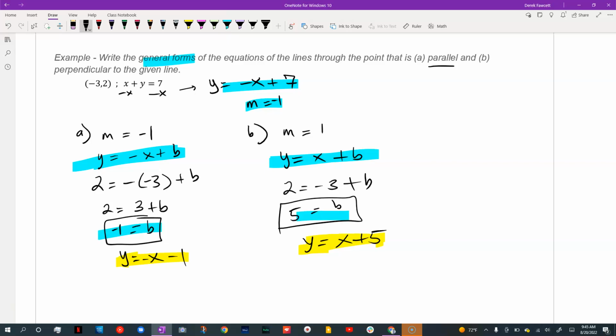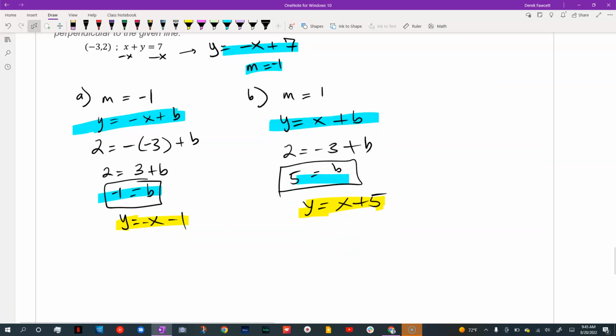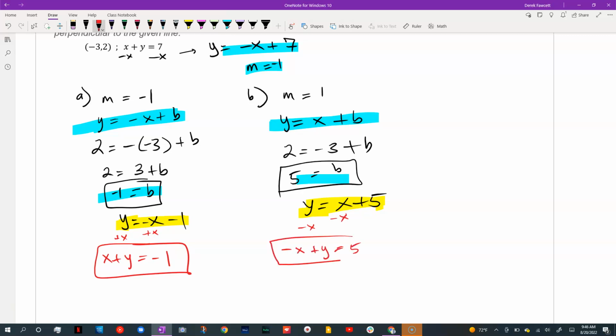But one more step here is to go ahead and get y and x on the same side. Right here, when you add x to both sides, you get x plus y is equal to -1, and that's your general form. Then also you subtract x from both sides, so you'd have -x plus y is equal to 5. And so that's general form.